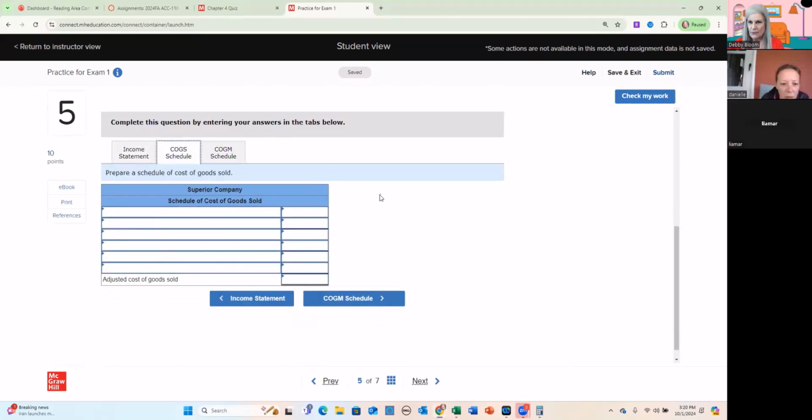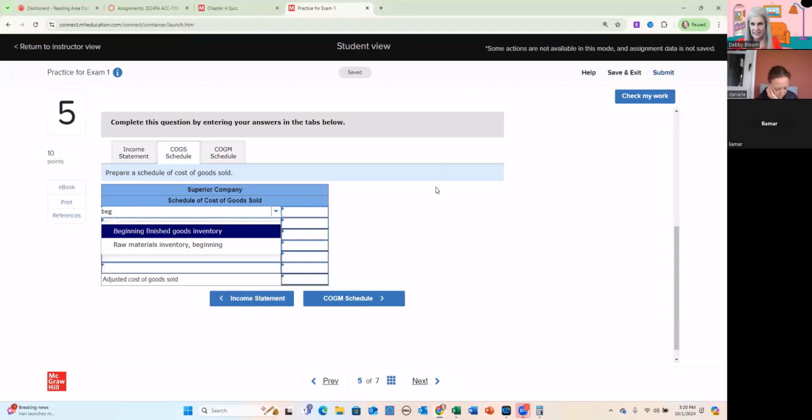So now I'm going to go into my schedule of cost of goods sold. We're going to start off with our beginning finished goods inventory.